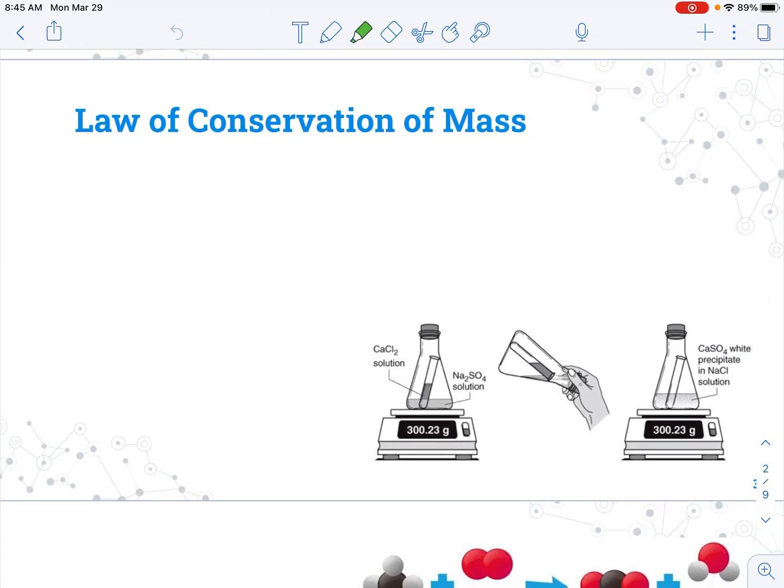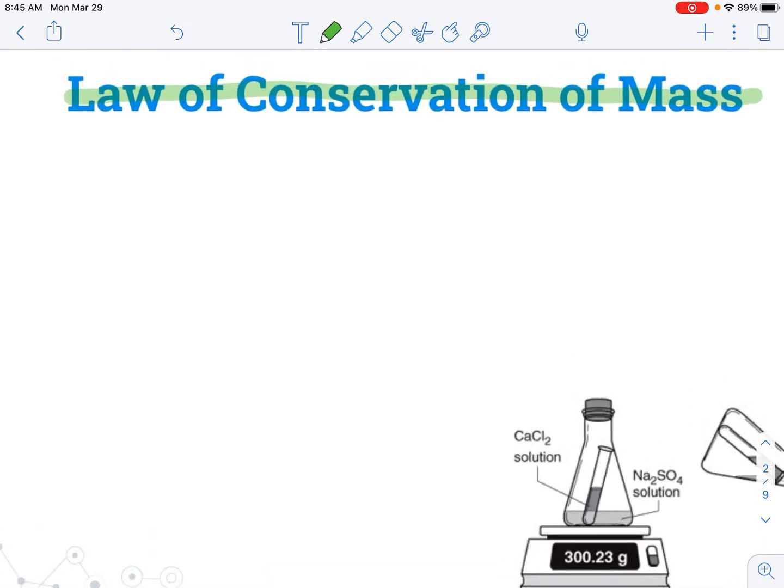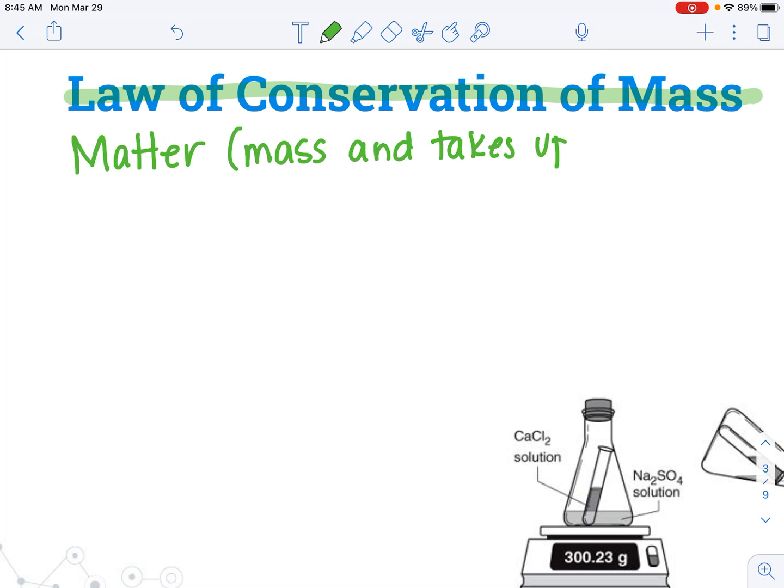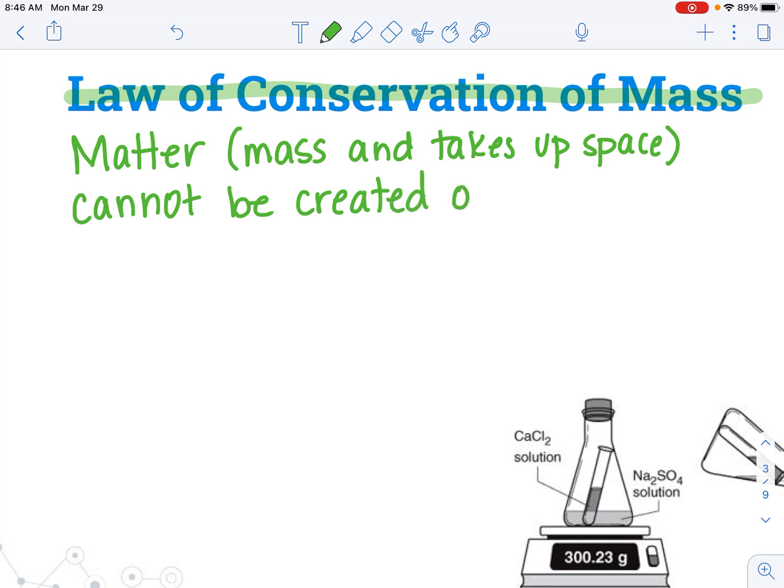First idea that we need to understand is the law of conservation of mass or matter. The law of conservation of mass or matter states that matter, which as a reminder is anything that has mass and takes up space, cannot be created or destroyed.